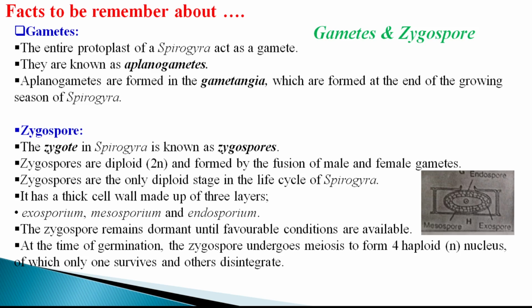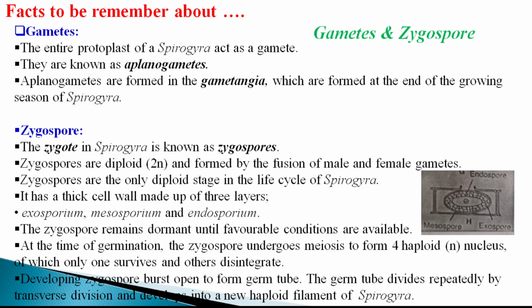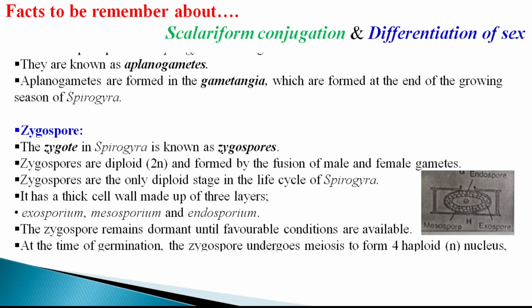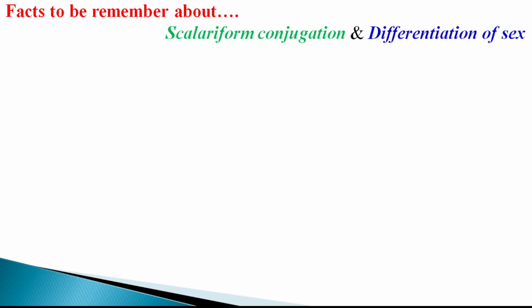So you will get the link for that video in the description box also. So my dear friends, these are some important facts related to the gamete and zoospore formation, and of course you have to look at another important aspect regarding Spirogyra, especially Scalariform conjugation, and how it is related with sexual differentiation in fact.